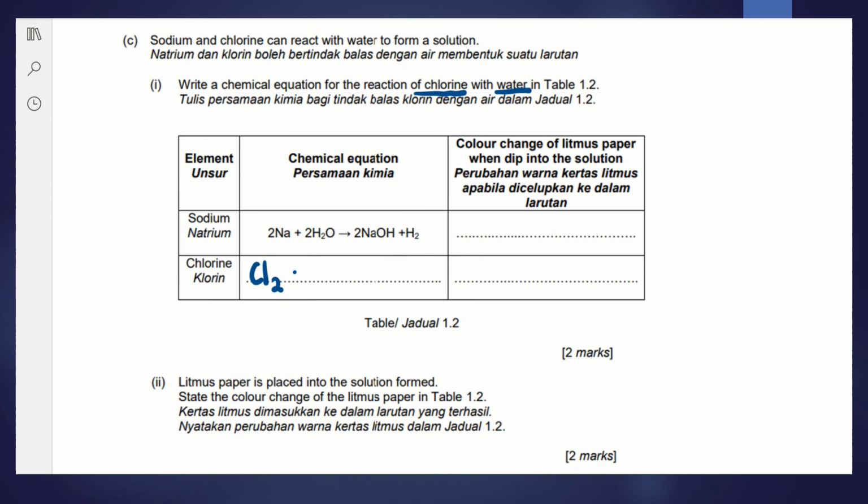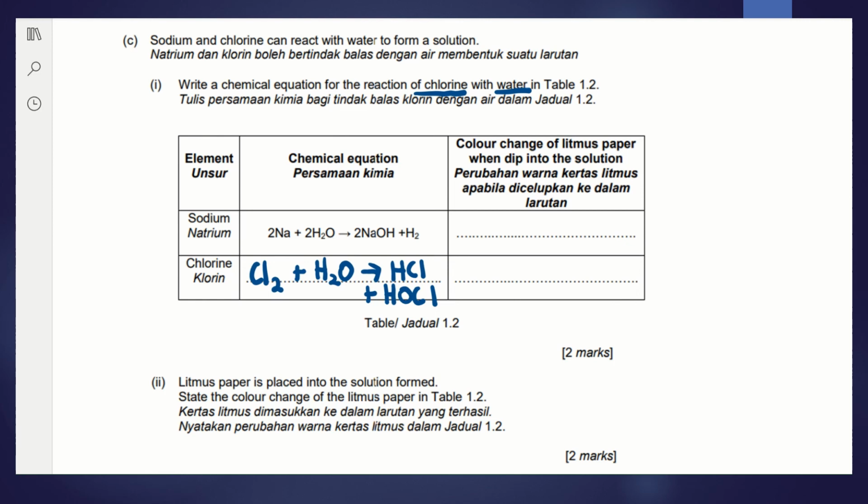Cl2 plus water, the chemical formula of water is H2O. The reaction will produce hydrochloric acid, HCl, and one more product, hypochlorous acid, HOCl.